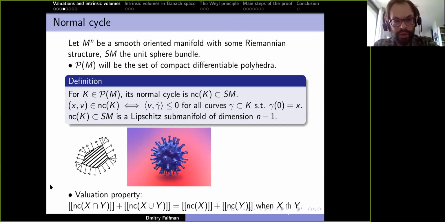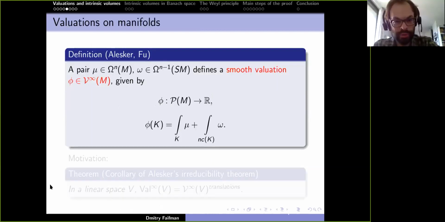Okay, so here comes the definition, which is due to Simon Lasker and Joe Fu. You start with a pair: a measure mu on M, and an (n-1)-form on the sphere bundle, and you make a smooth evaluation, phi, out of it, and it's going to be a functional on the differentiable polyhedra, which is given by a sum.